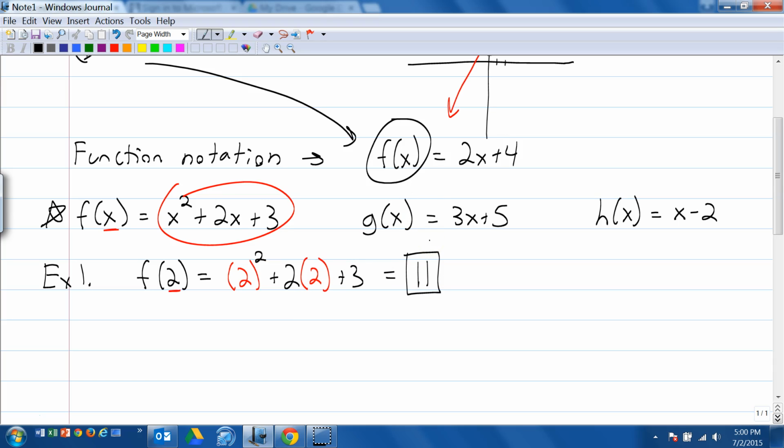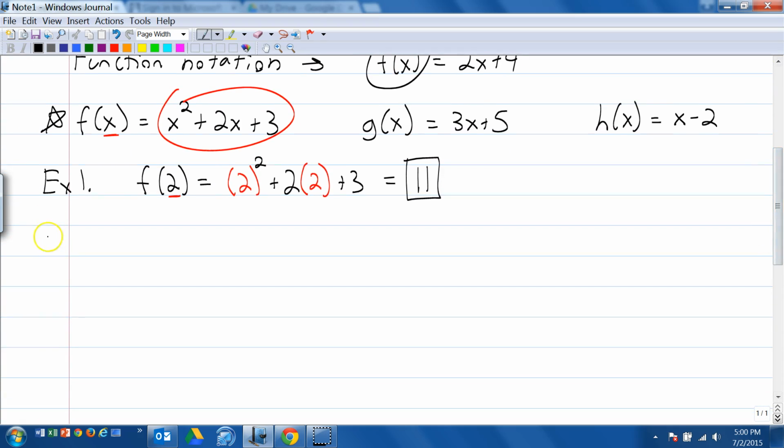Okay? Let's do a couple more. We're going to just keep using these three functions up here because it's easier for me than rewriting them all the time. So example 2. Let's say I want to know what g of negative 2 is. Now that's telling me I want to evaluate the g function. So I go over here to g, and I have 3x plus 5.